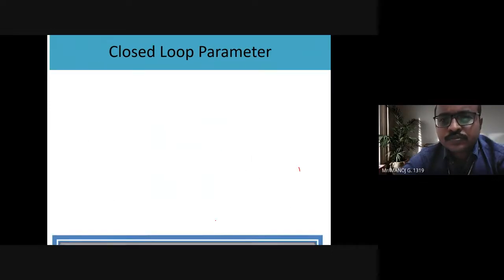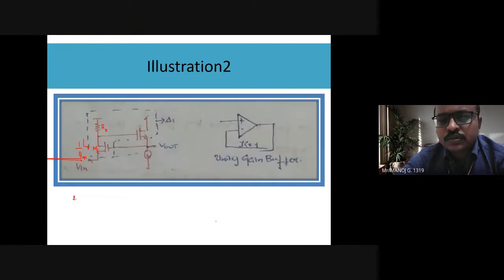Okay, sir. What is the expression for this particular circuit, for input impedance? Joel, type the expression now for input impedance.